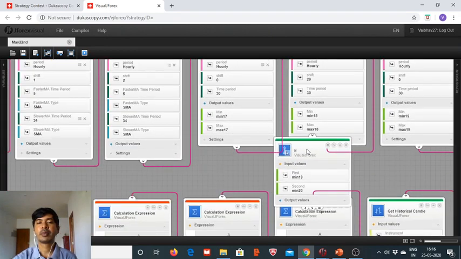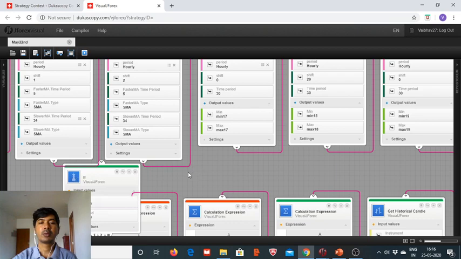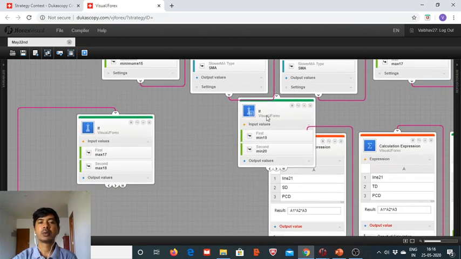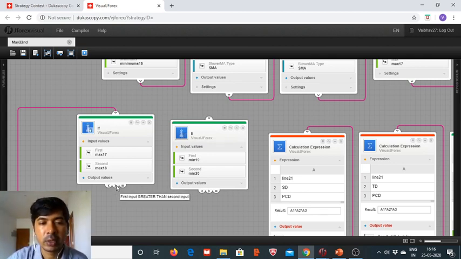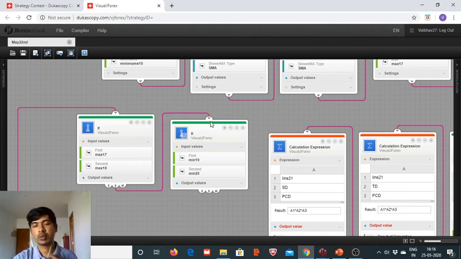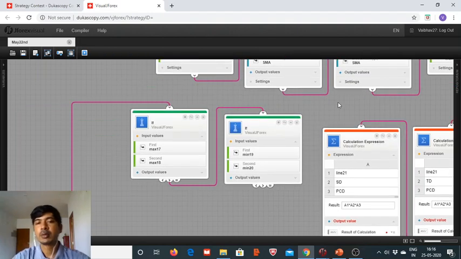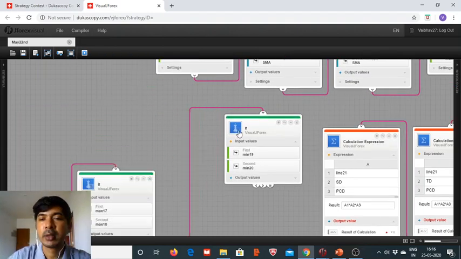So now we need to connect this. Maximum 17 should be greater than the maximum 18, and the minimum 19 should be greater than the minimum 20. So let us take this below.